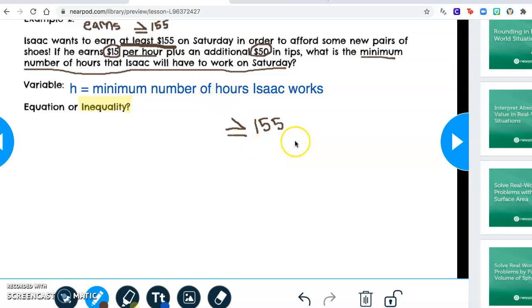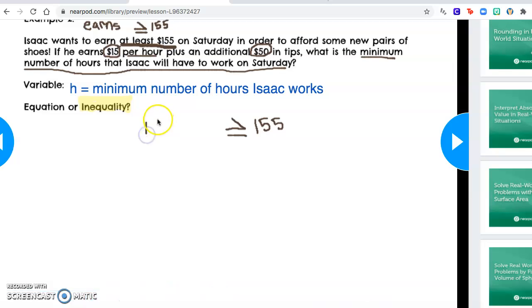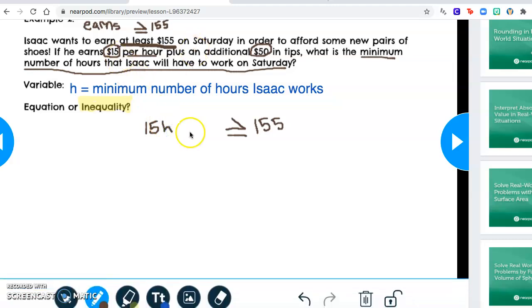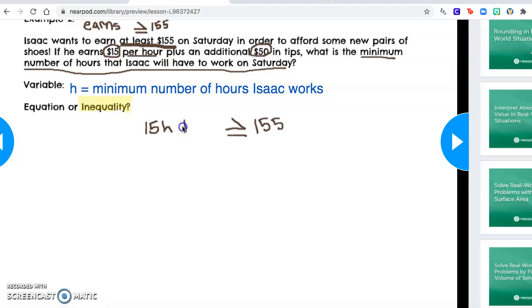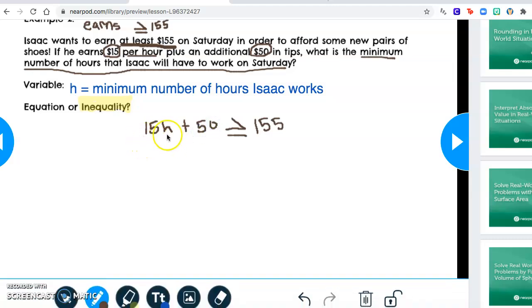We know that however much he makes, it has to be $15 per hour. So I'm going to put 15H because it's $15 per hour. Plus, he earns $50 in tips. So what we need to figure out is how many hours he has to work in order to make this amount right here.